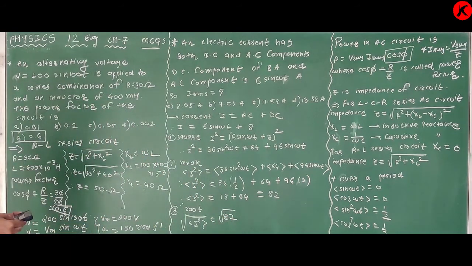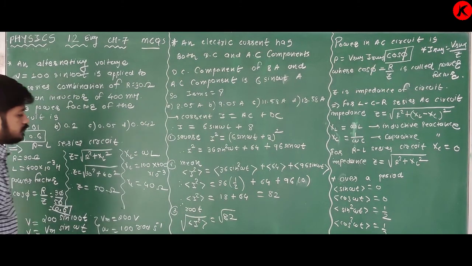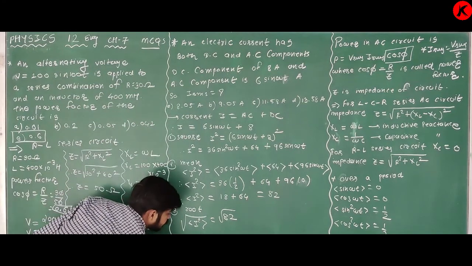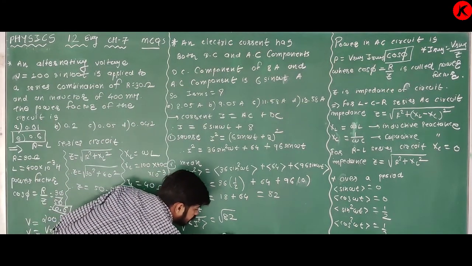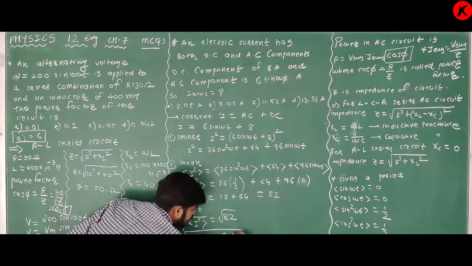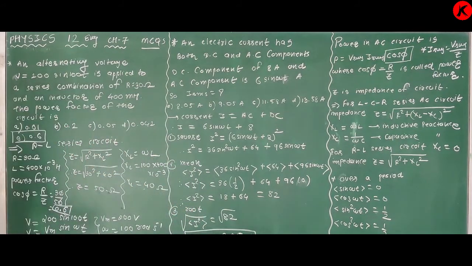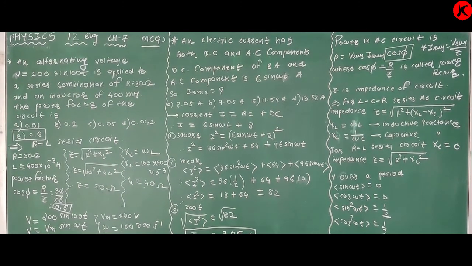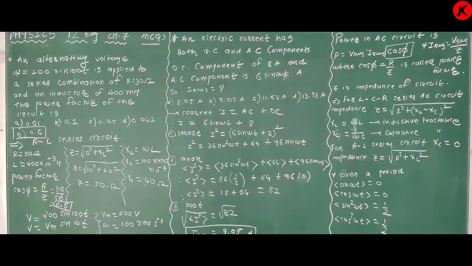Root 82 is 9.05. So IRMS is equal to 9.05 ampere, and that is your answer. Clear about this?